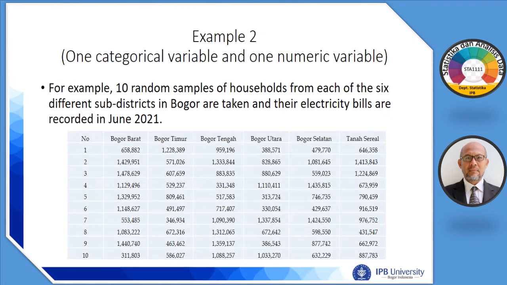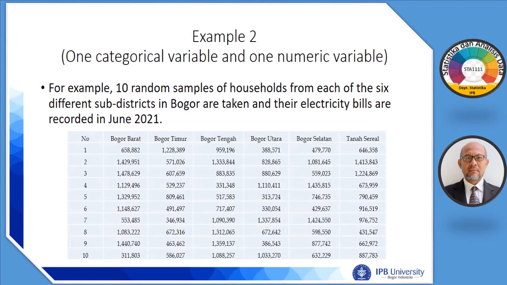So this is an example for the relationship between one categorical variable and one numeric variable. For example, we take 10 random samples of households from each of 6 different sub-districts in Bogor, and their electricity bills are recorded in June 2021.